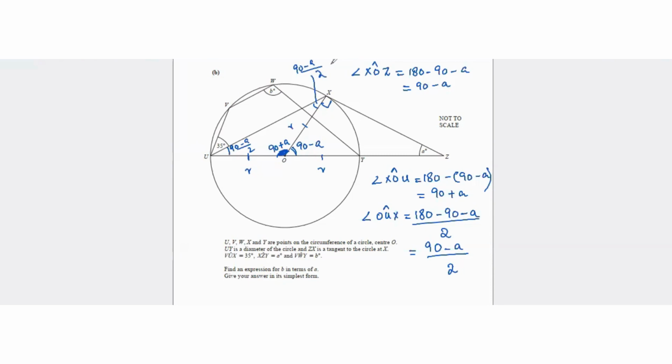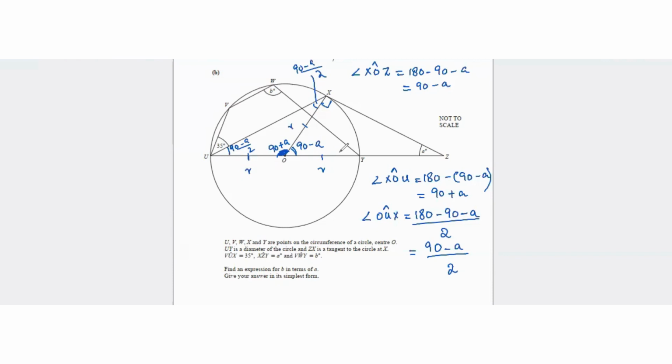They're asking us to find an expression for B in terms of A. Next, what we have is a cyclic quadrilateral. Which one is a cyclic quadrilateral? UVWT. Since all these 4 points touch the circumference of the circle, and it has 4 sides, it's making a cyclic quadrilateral.